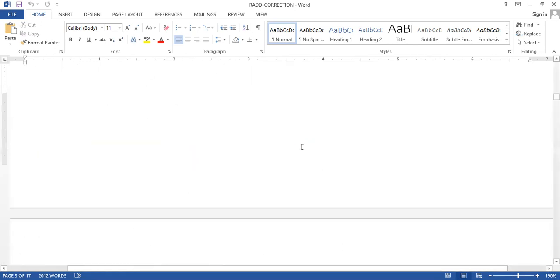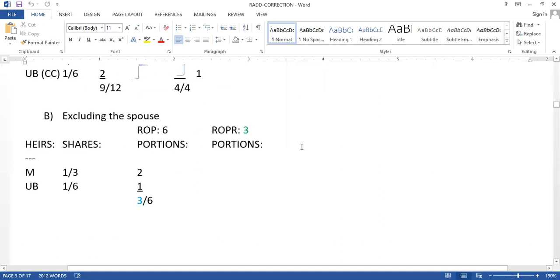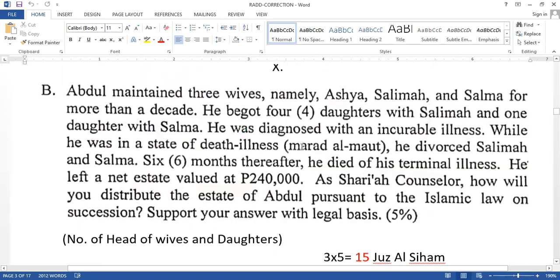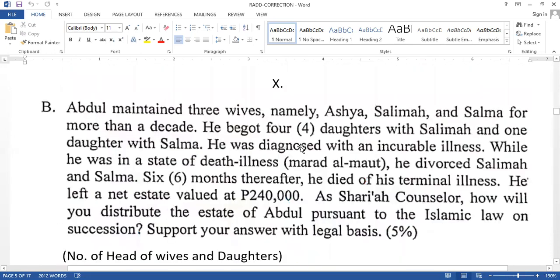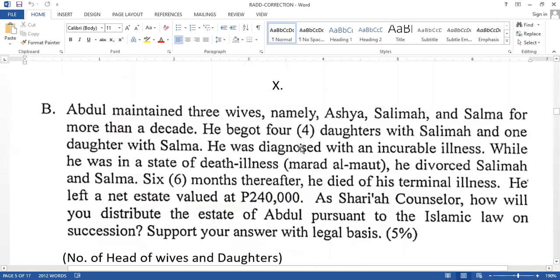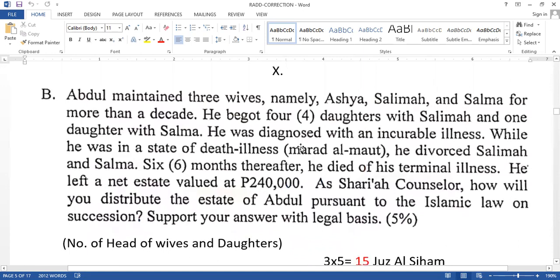Tapos, meron na siyang involved na pera. Okay? Dito tayo kasi may involved siya na pera para ma-apply natin yung mga learnings. So, the case is, Abdul maintained 3 wives, namely Aisha, Salima, and Salma for more than a decade.